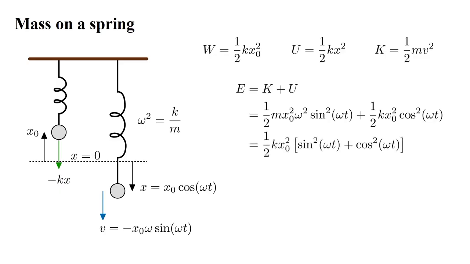Plugging in omega squared equals k over m, and factoring, we end up with E equals 1/2 k x0 squared times the quantity sine squared plus cosine squared of omega t. The sine squared plus cosine squared of any number is 1, so indeed the total energy is constant and equal to 1/2 k x0 squared, which equals the work we did to put the system in its initial state.